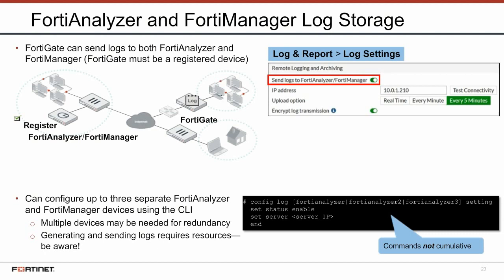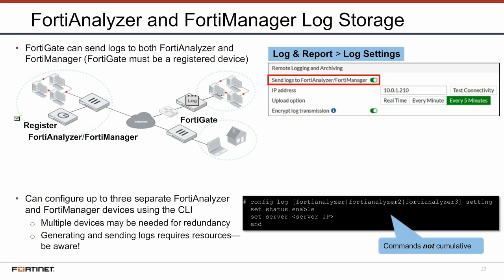Configuring FortiGate to send logs to FortiAnalyzer or FortiManager is identical. In order for FortiGate to send logs to either device, you must register FortiGate with FortiAnalyzer or FortiManager. After it is registered, the FortiAnalyzer or FortiManager can begin to accept incoming logs from FortiGate. You can configure remote logging to FortiAnalyzer or FortiManager using both the GUI and the CLI.